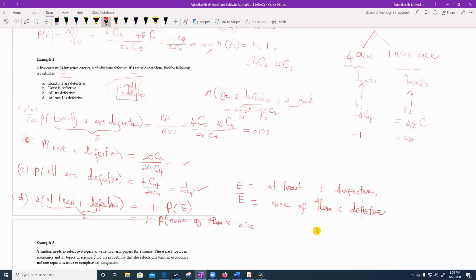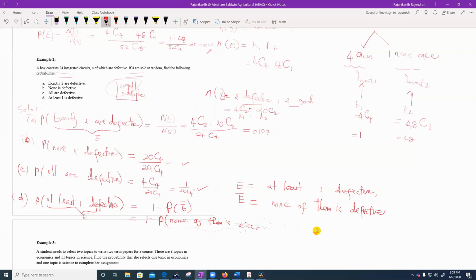But this probability is already known, right? The probability of none of them is defective. So this is nothing but my problem part B. Problem part B says that the probability of none of them is defective is 20 choose 4 over 24 choose 4. So this answer we already know.